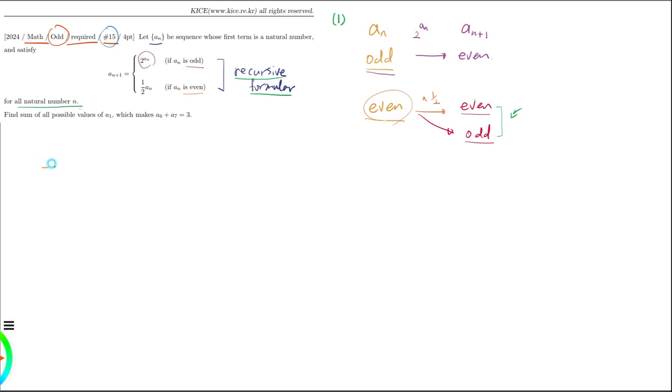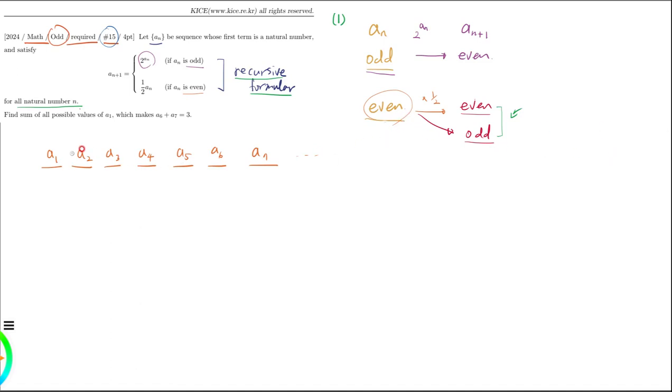Let's use the big area of this paper. So we have a sequence here from a_1 through a_6 and a_7 here.